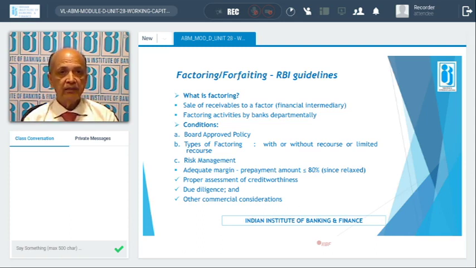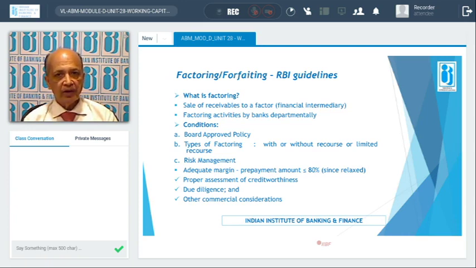Discretion is given to the banks, based on their assessment of creditworthiness, credentials, appraisal, and all other commercial considerations, to fix the upfront prepayment amount that can be considered under factoring services. Factoring, remember, is purely for domestic sales.